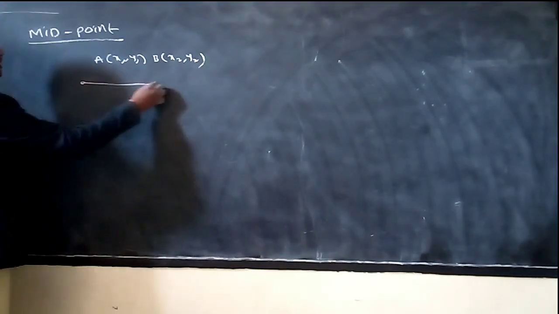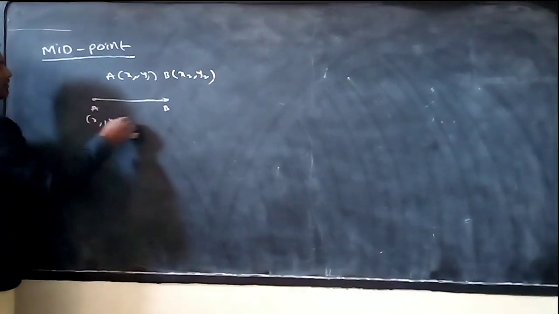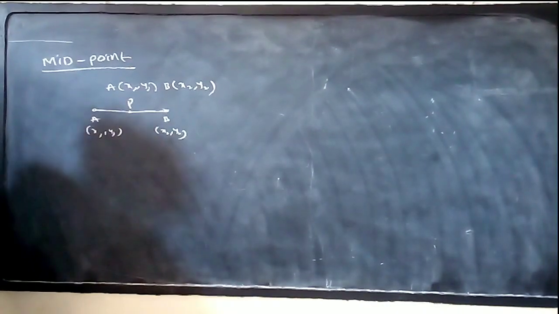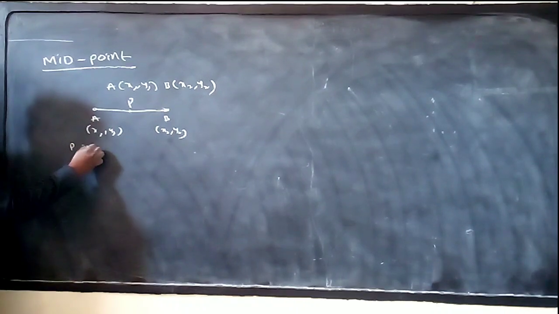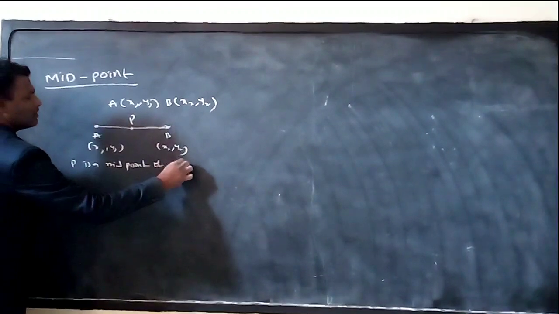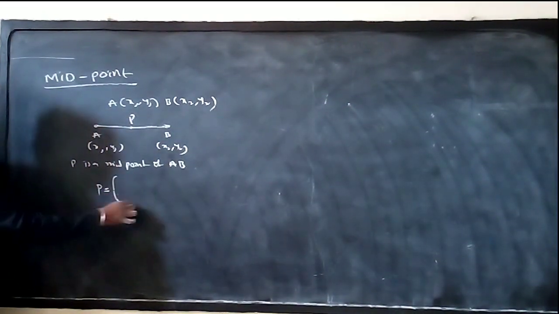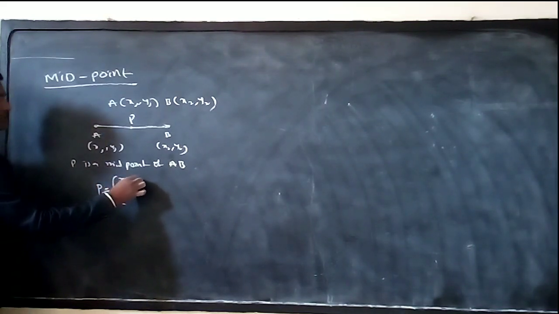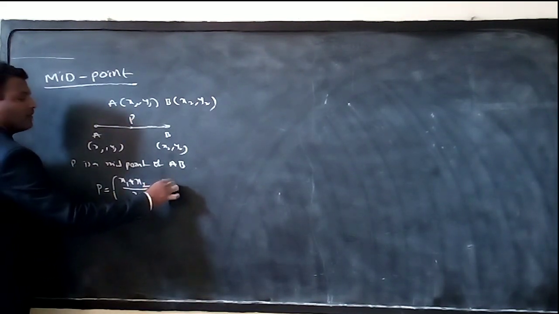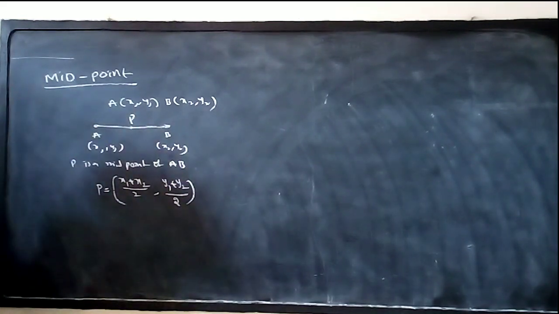For example, I am taking one line segment AB. P is the midpoint of AB. To find P, we have one formula: P is equal to (x1 + x2) by 2 comma (y1 + y2) by 2. So this formula we use to find the midpoint.